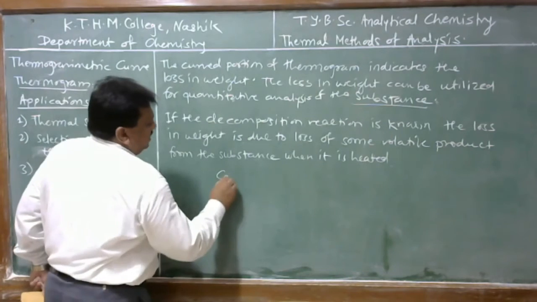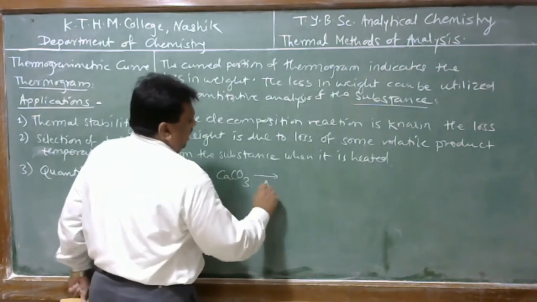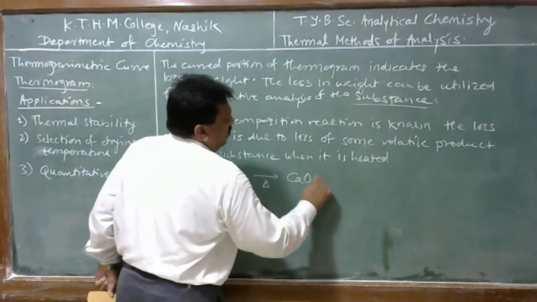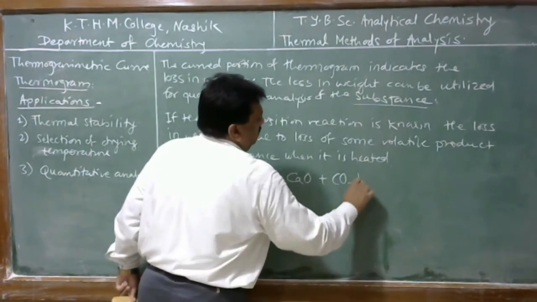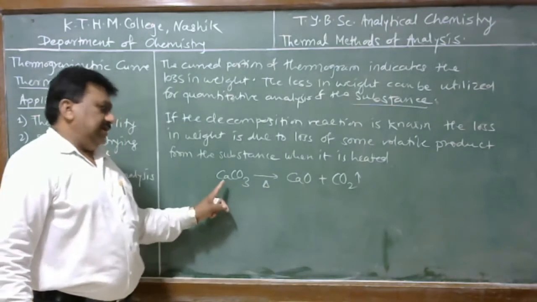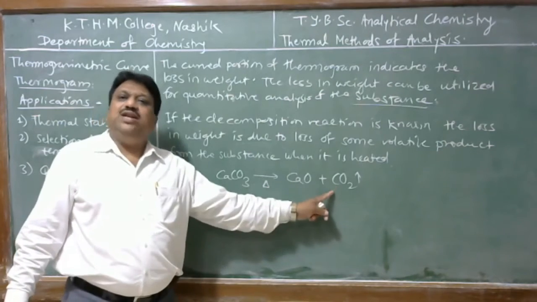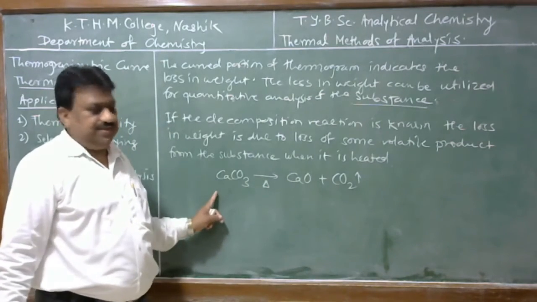For example, CaCO3, when heated to very high temperature, gives CaO plus CO2. Therefore, we can correlate the loss of carbon dioxide with the amount of calcium carbonate for determination of the substance.